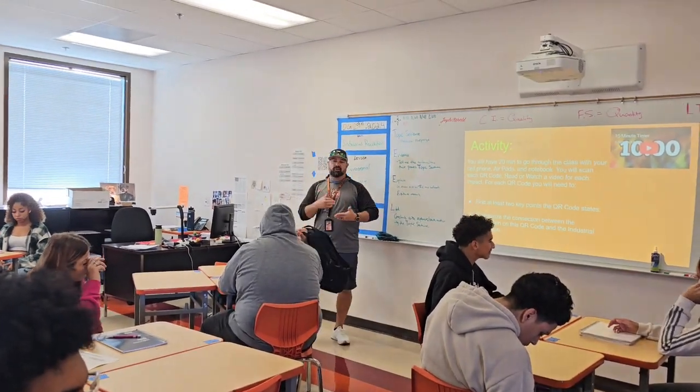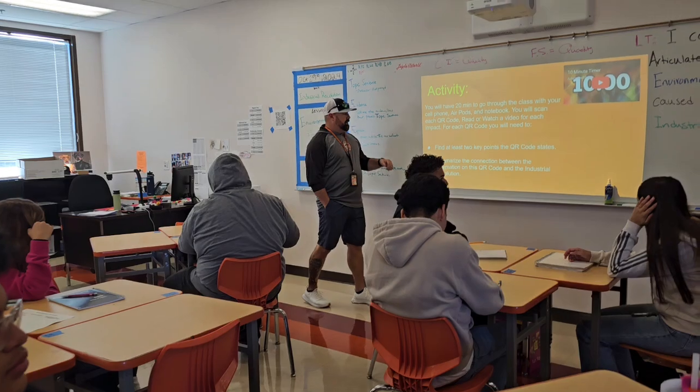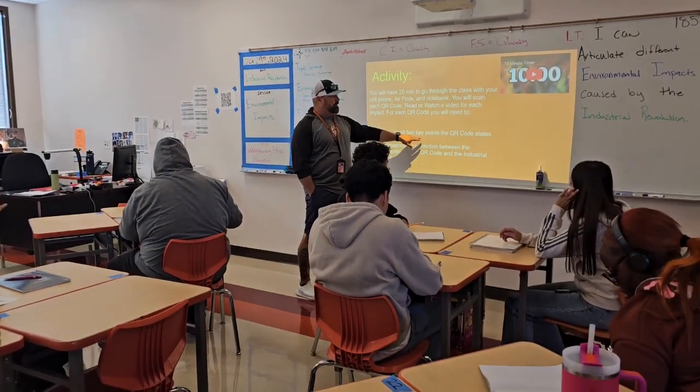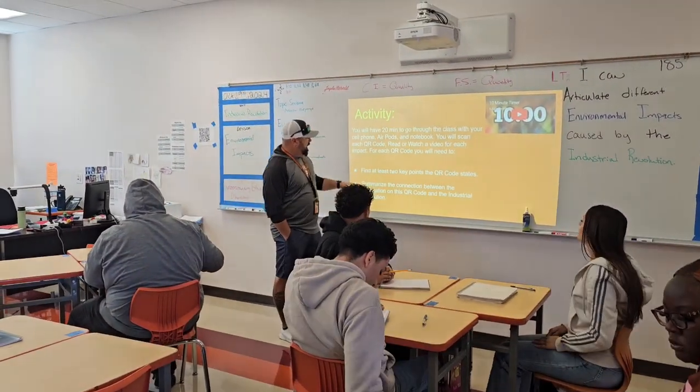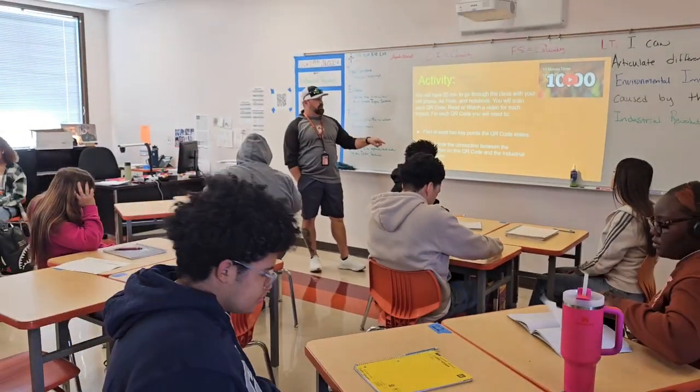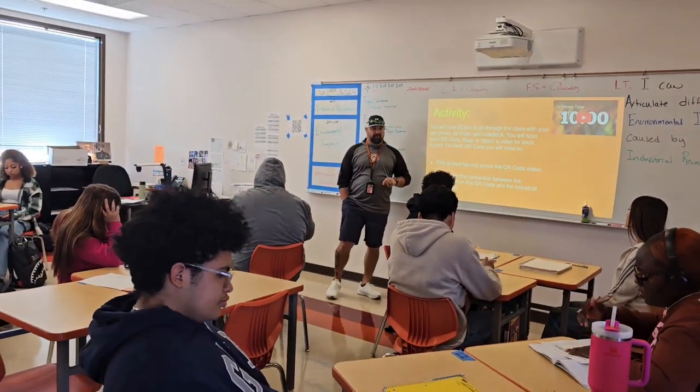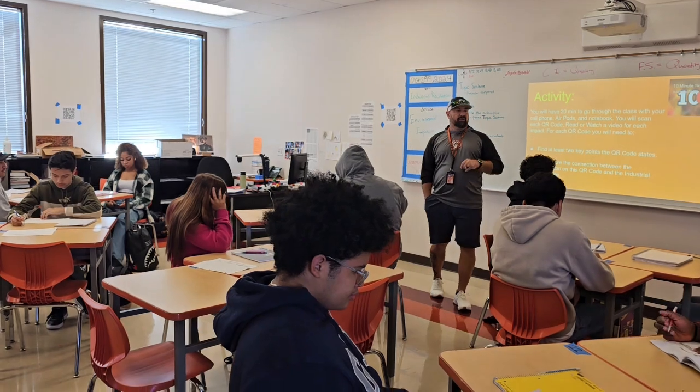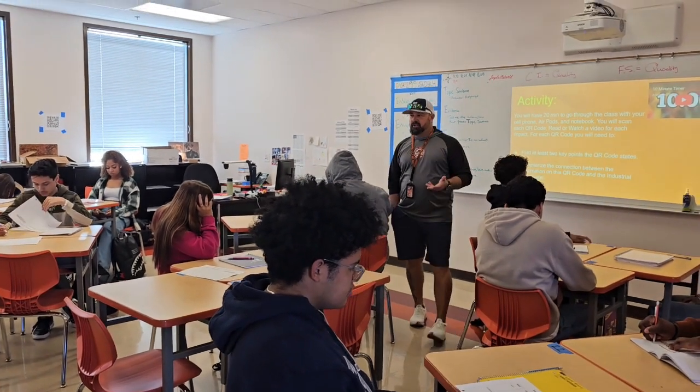And then you're going to fill in the graphic organizer as you go. You need to find at least 2 key points for each QR code. And on the right column, you're going to summarize the connection between the information on this QR code and the Industrial Revolution. Luckily, you're going to notice all of these have to do with the Industrial Revolution.